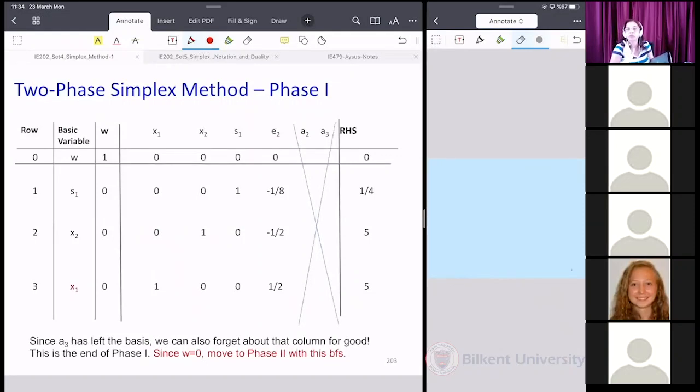Phase 1's objective function was minimization of these two guys. They're out of the basis, they become non-basic. So my objective function value is 0, but this is not my legitimate objective. I forgot what my original objective was for the sake of phase 1, for the sake of getting a feasible solution. Now we are ready to go on.